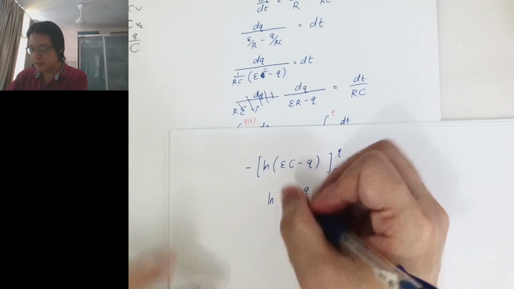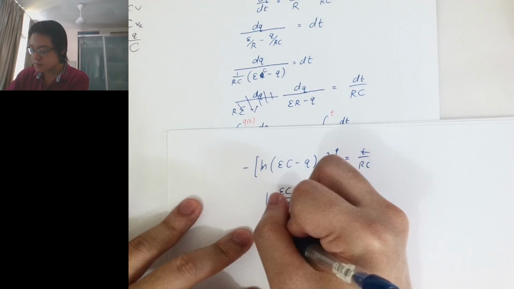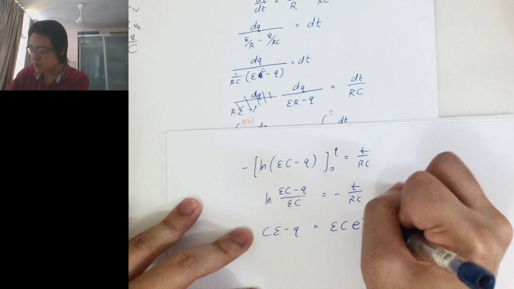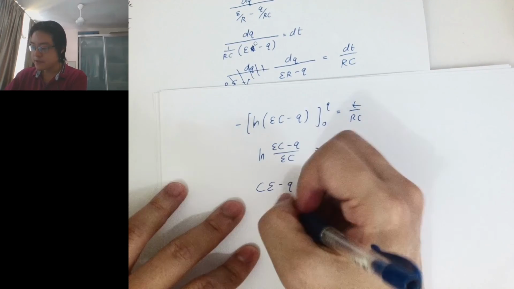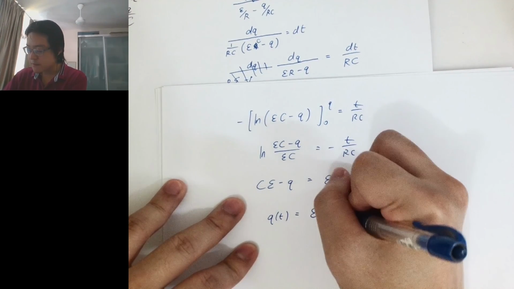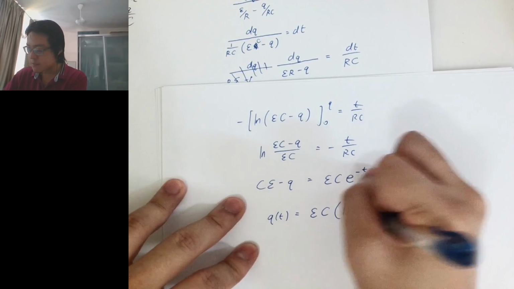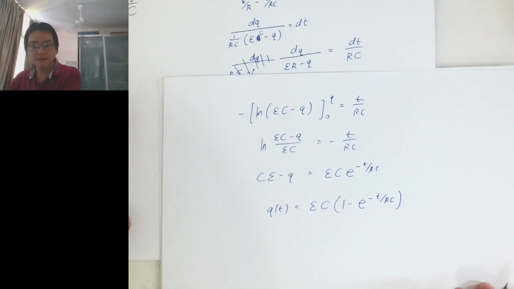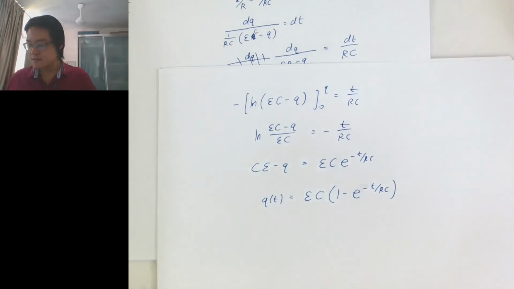And then take the exponential of both sides: EC minus Q is equal to EC e to the power of negative t over RC. And then I bring Q to be positive, so I found Q as a function of time: EMF times capacitance times 1 minus e to the power of negative t over RC. Okay, so yes, thanks. Now it is correct.